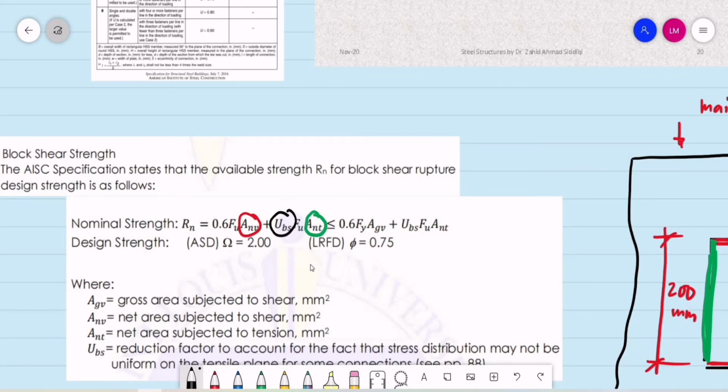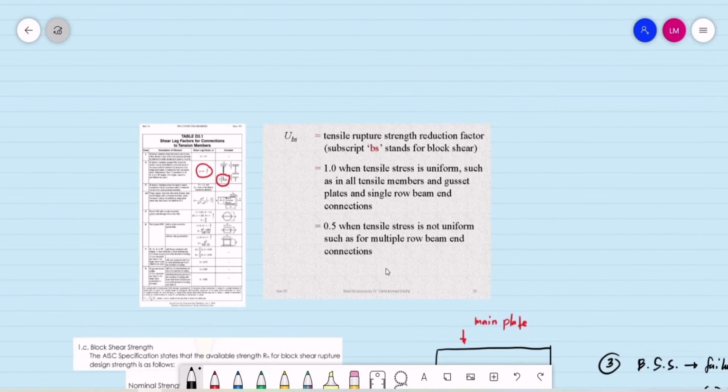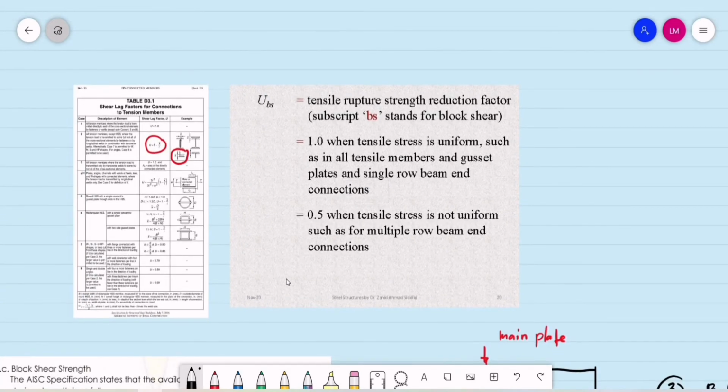By provision, U sub Bs is the tensile rupture strength reduction factor. Bs stands for block shear. The value is equal to 1 when tensile stress is uniform, such as in all tensile members and gusset plates and single row beam connections, and 0.5 when tensile stress is not uniform, such as for multiple row beam connections.